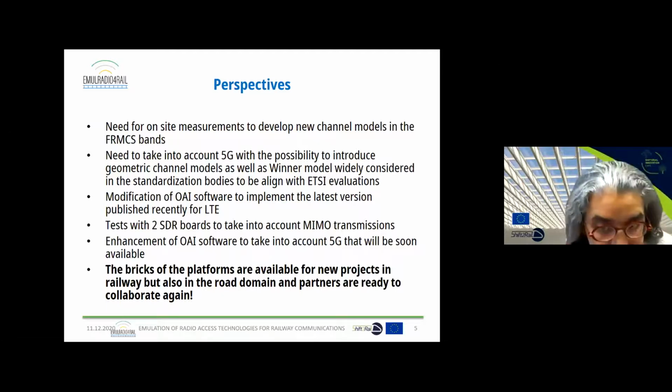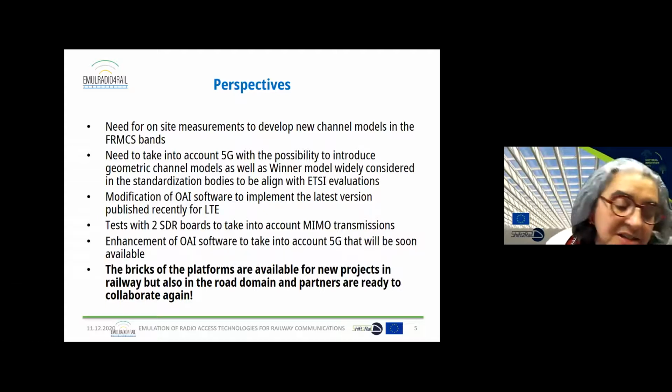We have tested with 2 different software-defined radio boards, and we have seen that obviously the board with FPGA works better. We have already tested this outside of the project, but as researchers we continue the work.